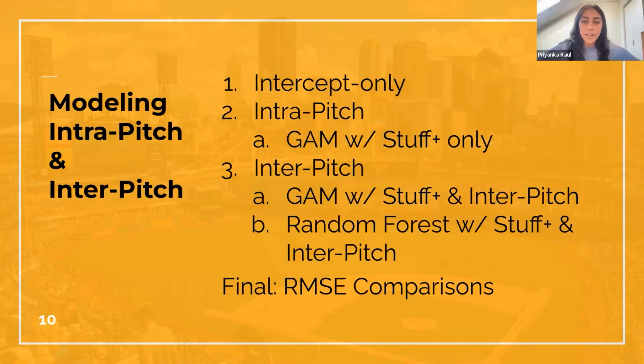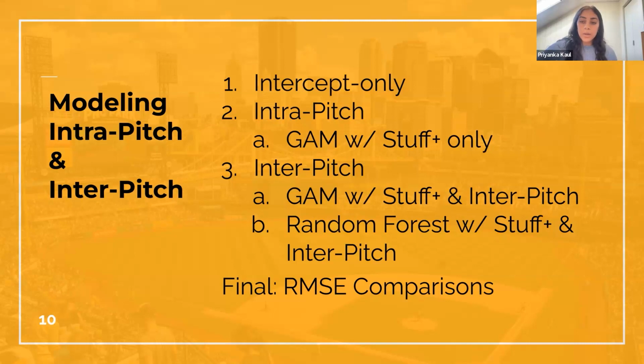Our project was essentially split into three main models. First, we started really simple with an intercept-only model, which went by pitch type. Next, we moved to an intra-pitch model, which is a lot of what is already out there. To do this, we used a generalized additive model with Stuff Plus only, as Stuff Plus is a largely intra-pitch modeling technique. Finally, our third model, and the one we were the most interested in, was the interpitch model.